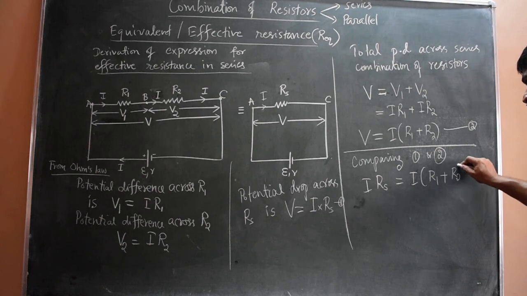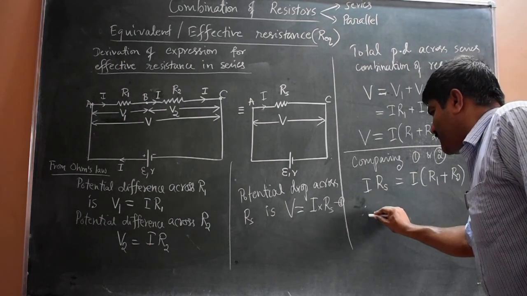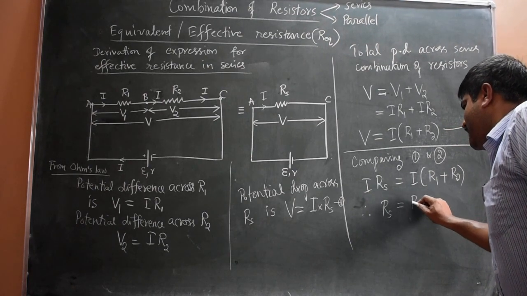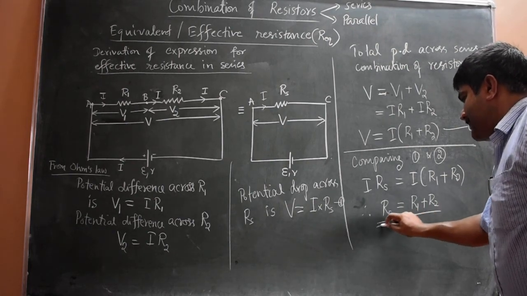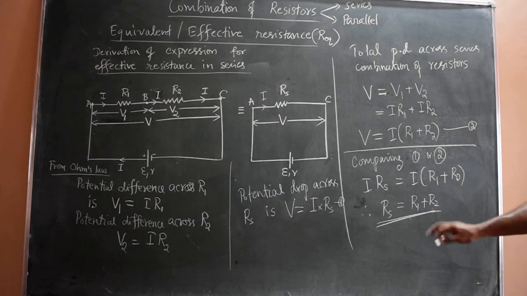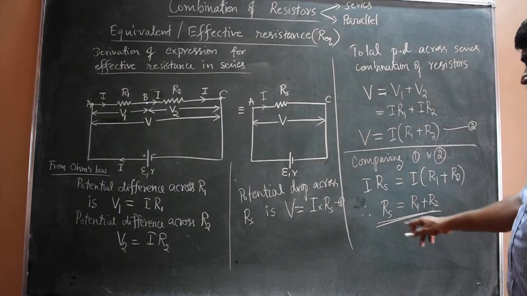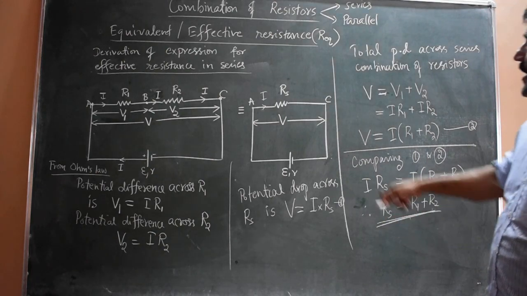Now I is the same, we can cancel it. Therefore, RS equals R1 plus R2. So this is the final expression for two resistors in series. What do we observe? The equivalent resistance or effective resistance RS.